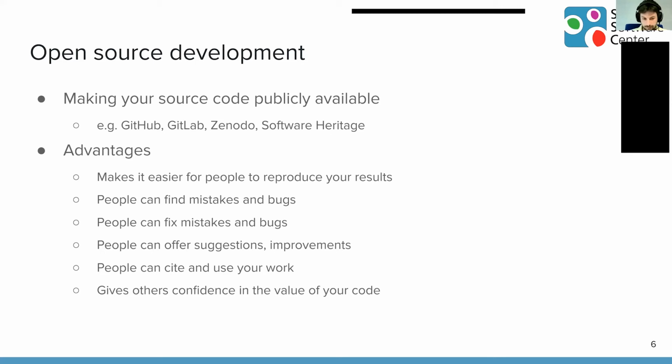It also allows people to offer suggestions and make improvements. It makes it easier for other people to cite your work, and it makes it easier for other people to use your work and maybe extend on your work. And so overall, if you make your source code open source, you're giving other people confidence in the value of your code. It's a statement you're making saying this is worth sharing with the world. I'm proud of this.